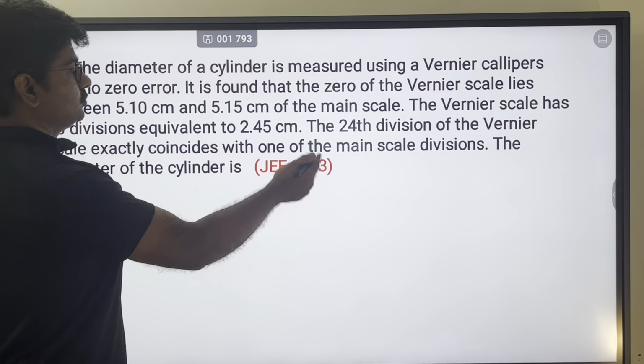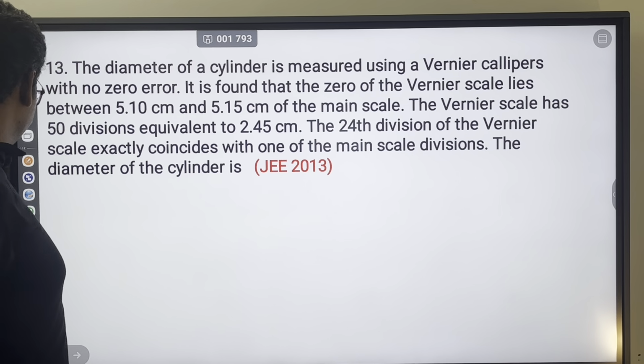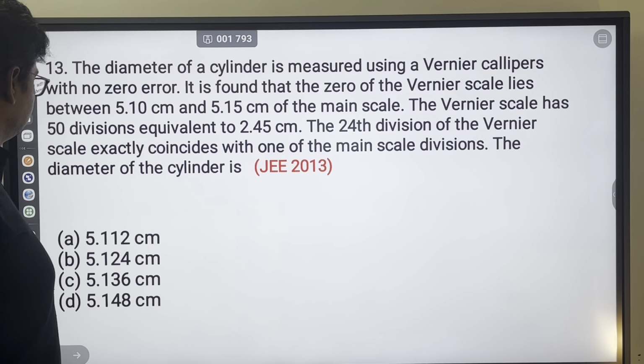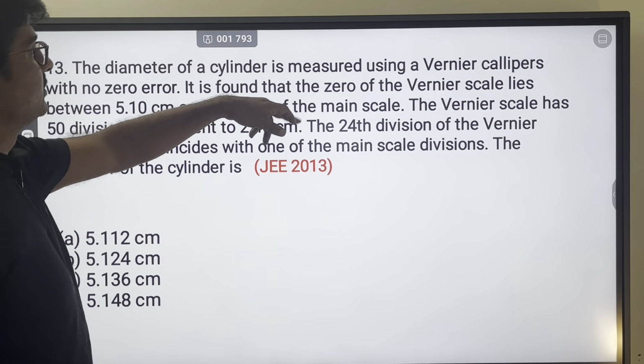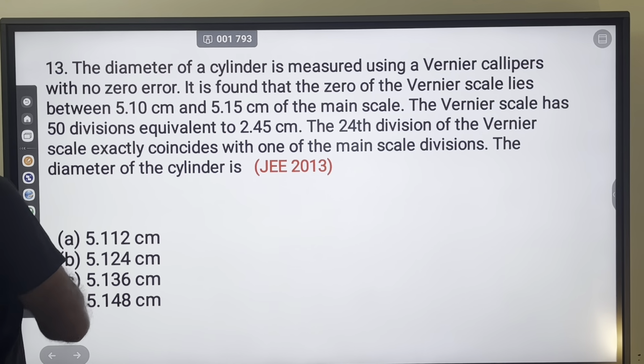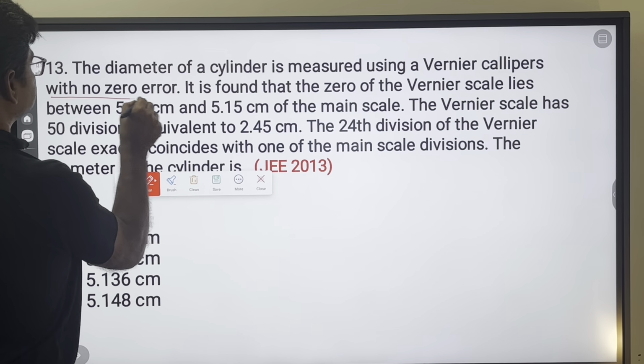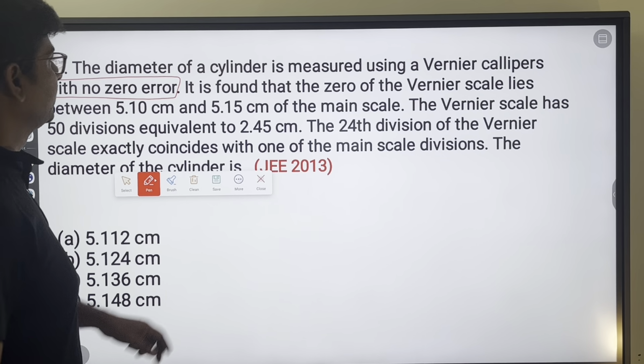So again, JEE 2013 question. The diameter of a cylinder is measured using a vernier calipers with, you can see here, no zero error.